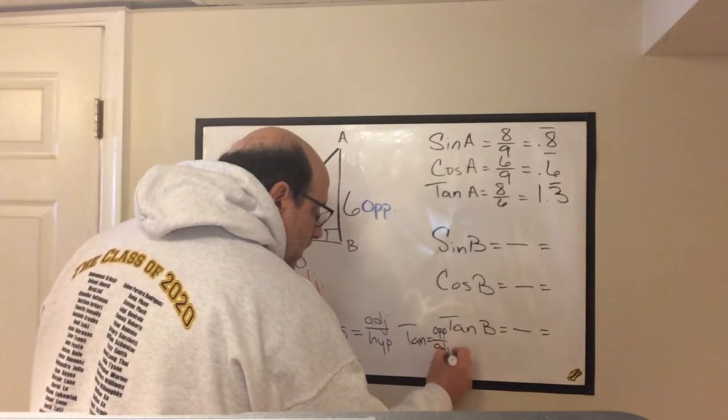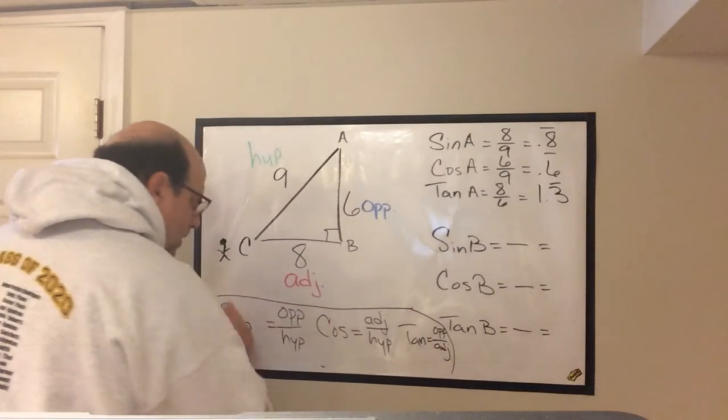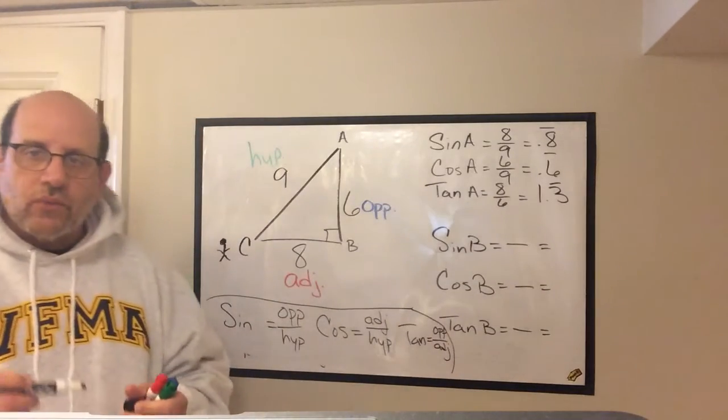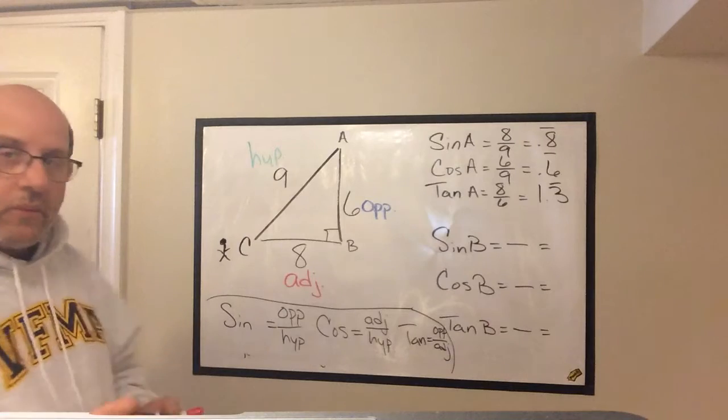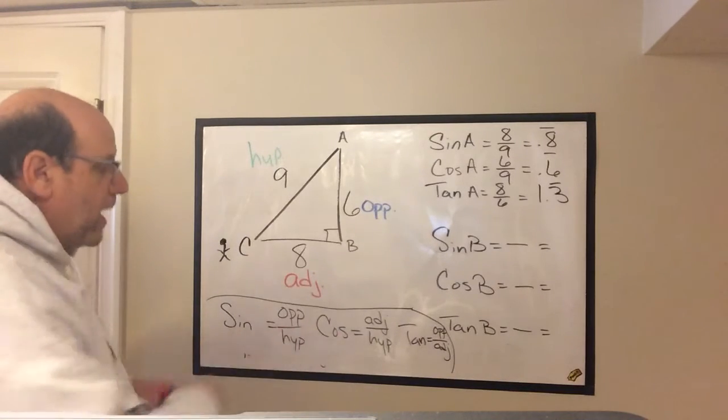And I just ran out of space, darn it. All right, so hopefully that helps us out. I apologize for running out of space there. I don't have a big board like I'm used to. So here we go. You can refer back to these if you want to.